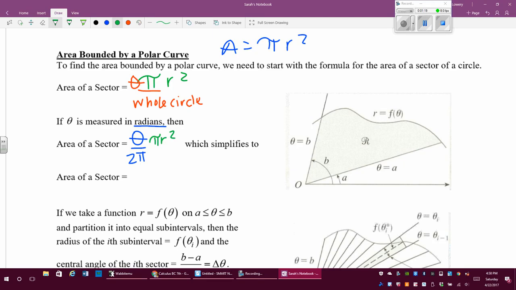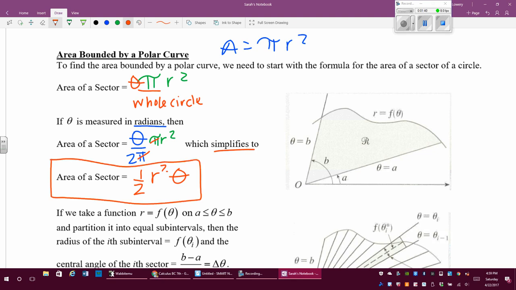So again, this represents what fraction of the circle we are dealing with. Now we could simplify this by canceling our pi's and just getting 1/2 r squared theta. And this is the area of a sector formula that you should have learned in pre-cal, okay?